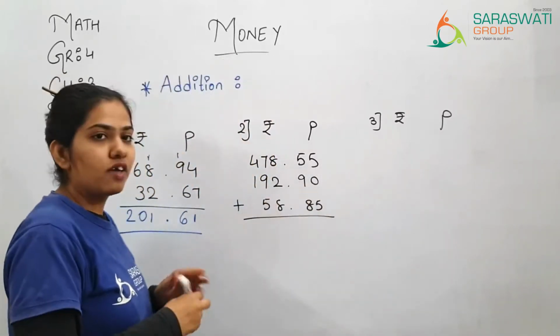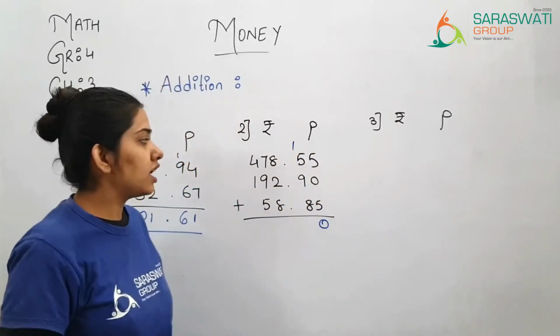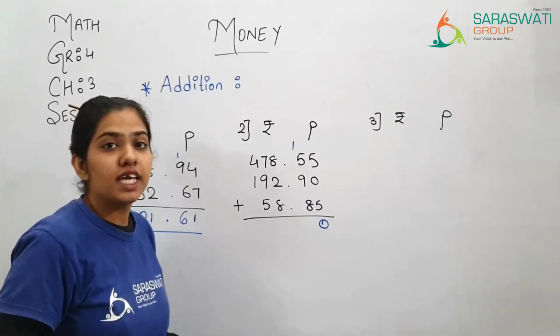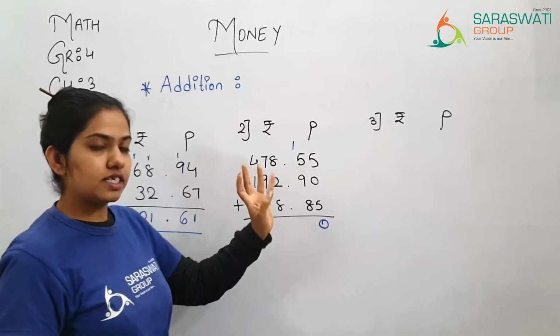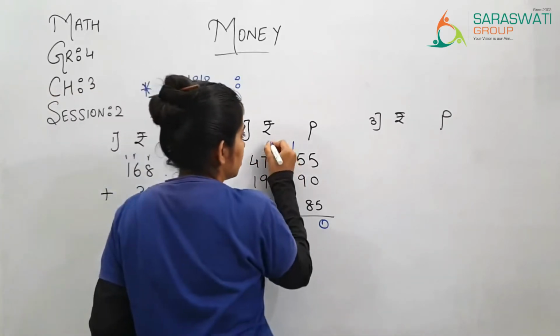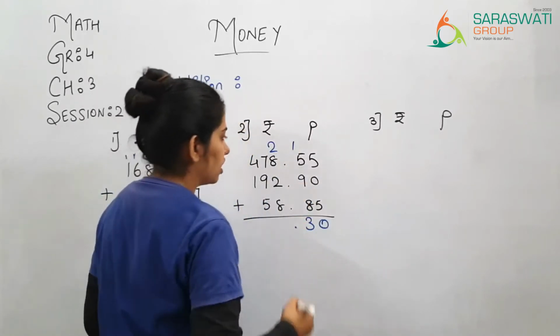So 5 plus 5, 10. 9 plus 1, 10, plus 5, 15. Plus 1, 8. 15 plus 8, 16, 17, 18, 19, 20, 21, 22, 23. So 2 and 3. We have completed this part, so put a point.